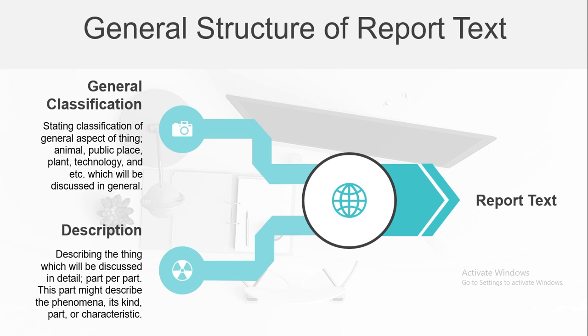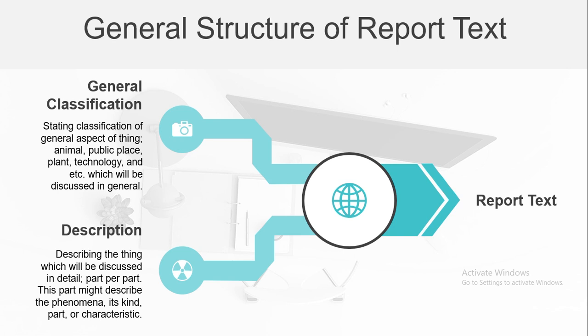But if you want to make a description, maybe it's more on the culture. The title can be the culture in my house, for example. So it's very specific in descriptive text, while in report text it's very general. And then the second, after you define the definitions and the functions and such, you can move on to the description.